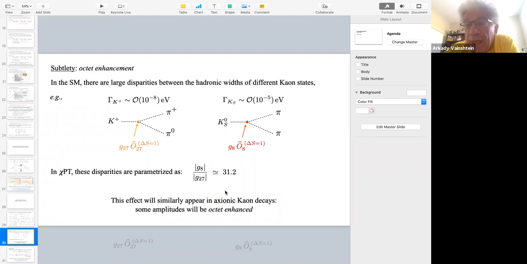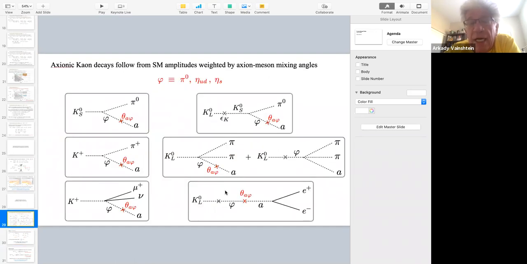Because it's a CP breaking transition, right? KL KS. So in this sense, you see that the difference would be that this transition KL, KS with axion would not be suppressed, right? In terms of CP breaking, it would be an allowed transition.